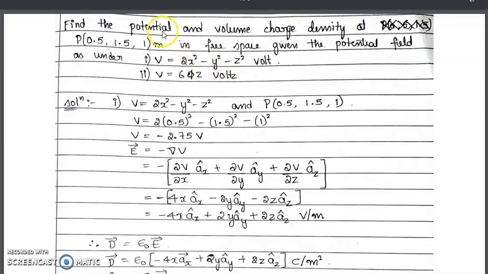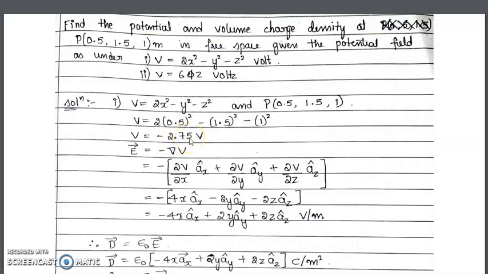You have to find the potential at P. To find it, substitute x = 0.5, y = 1.5 and z = 1. Substituting that, you get the potential at point P of (0.5, 1.5, 1) as −2.75 volts.